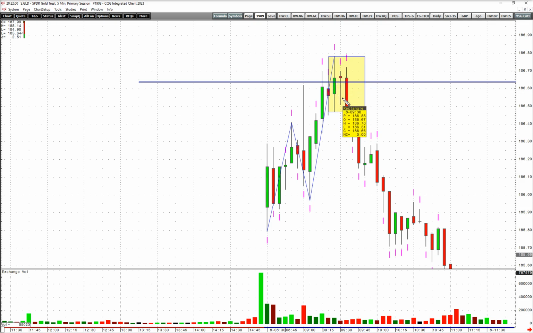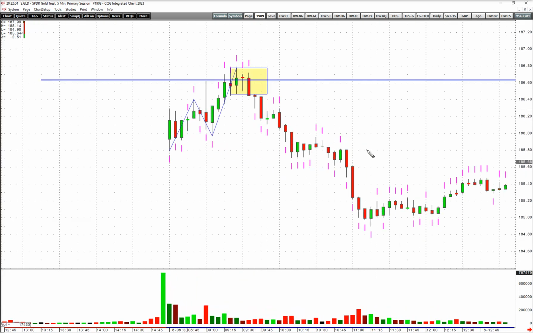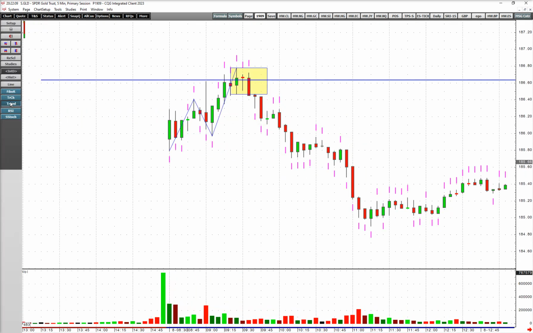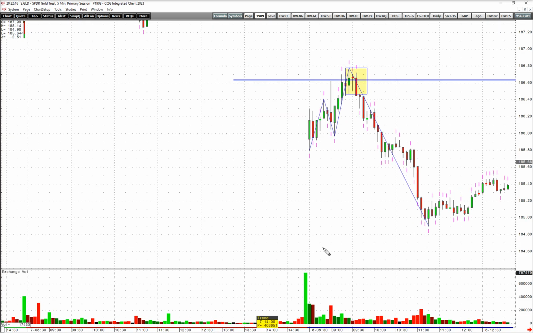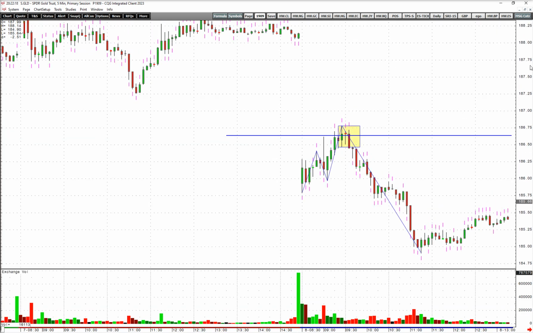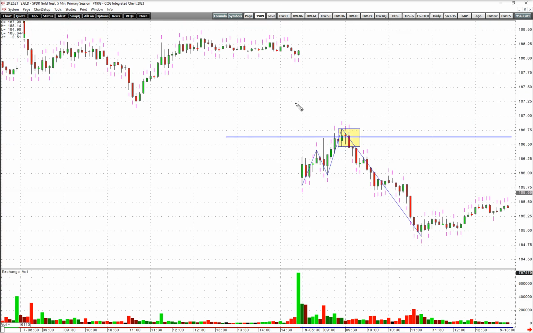You had another one here, an inside bar. But then that was followed by a good size sell-off. And this was overall a fairly sizable move in gold, but it was coming out of a 3-day balance, so it had room to go down.